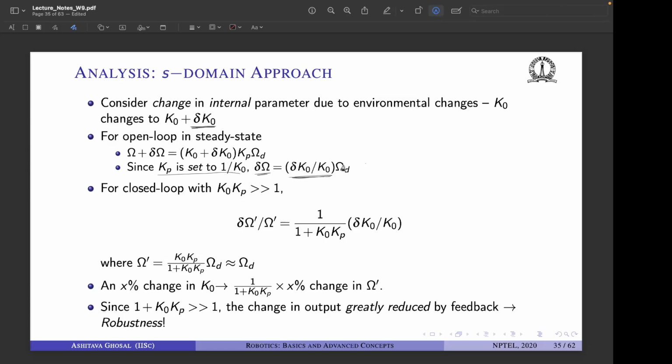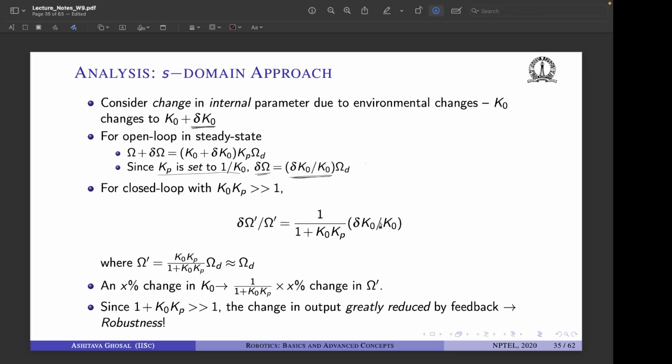the output changes, right? Now in closed loop what happens is we have this relation between change in the angular velocity and change in the internal parameter. And if K0 Kp is much greater than 1, then we see that the change in the angular velocity is directly proportional to the change in the parameter.